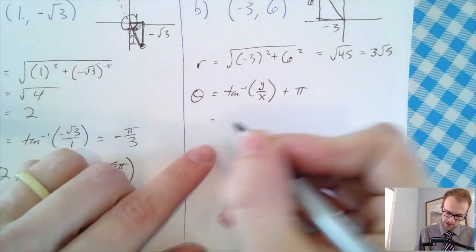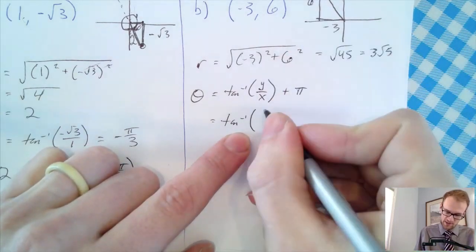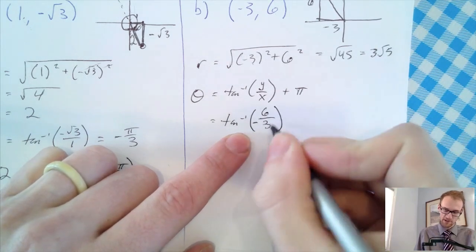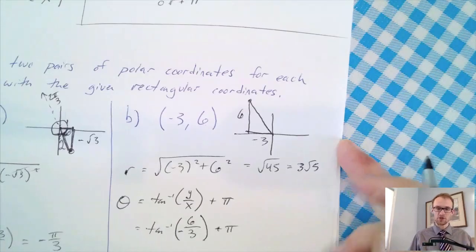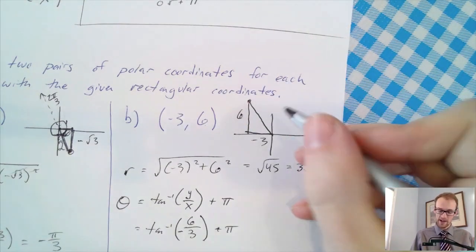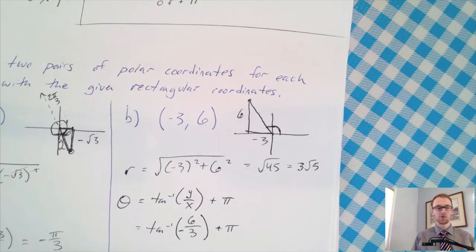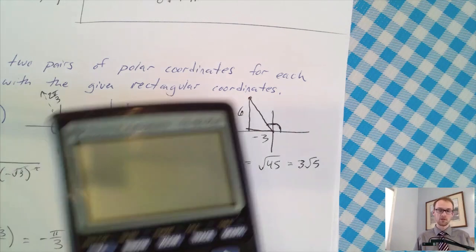Let's calculate that. Inverse tangent, y is 6 over negative 3, well, that's going to be negative 2 plus pi. Now, this triangle is not a special right triangle. That angle is not a common angle that we know from our special right triangles. So we will resort to our good old friend, the TI-83.